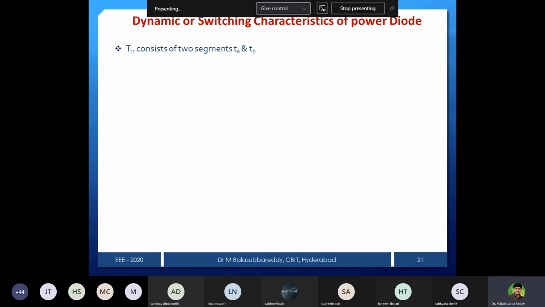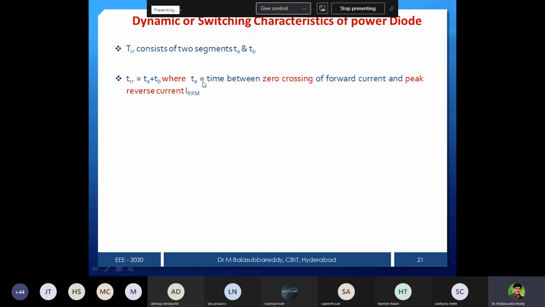TRR consists of two stages, as I said, TA and TB, and the sum of these two is considered as TRR. We can see the zero crossing, from where the forward current goes to the peak reverse current, IRRM, the maximum or peak reverse current.